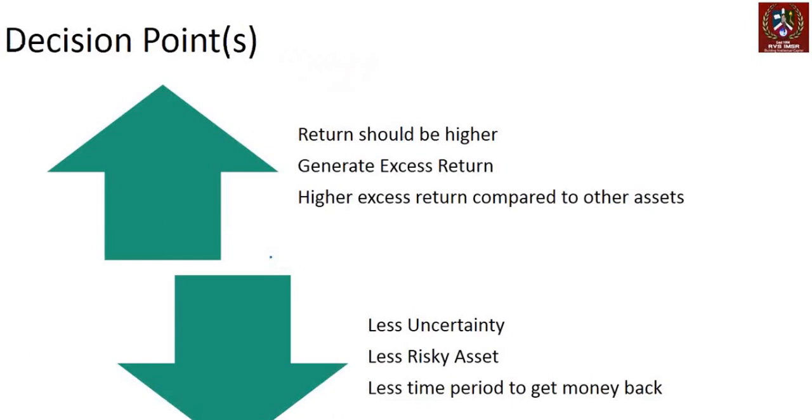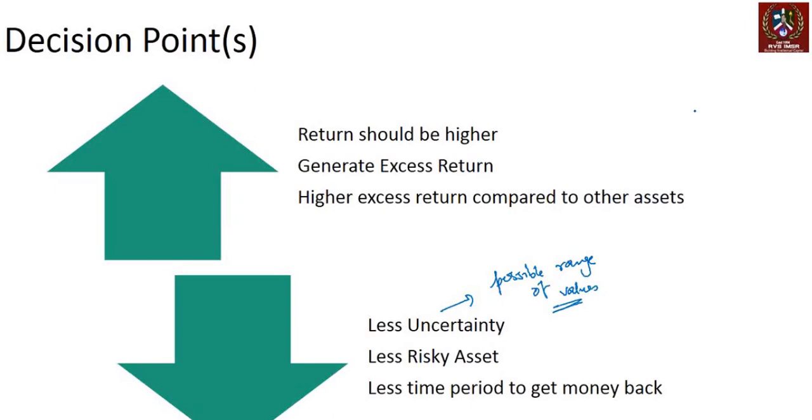So once again, we go back to our decision points. What are our key decision points? Return should be higher, excess return should be higher than other assets, but I want less uncertainty. And when I say less uncertainty, this also means a smaller possible range of values that we find here, right? So that less uncertainty is going to define what is going to be my return expectation, right?